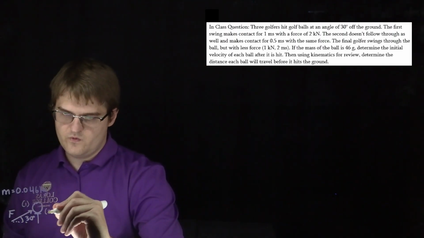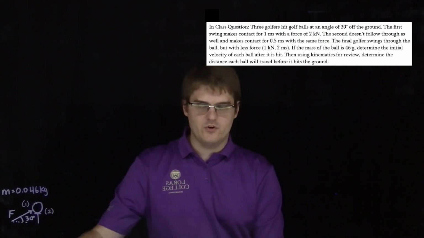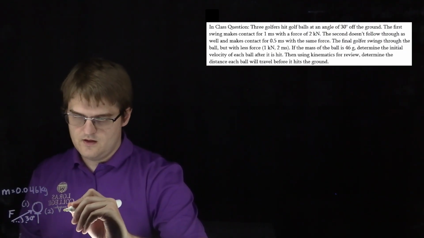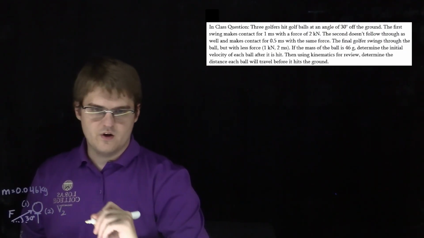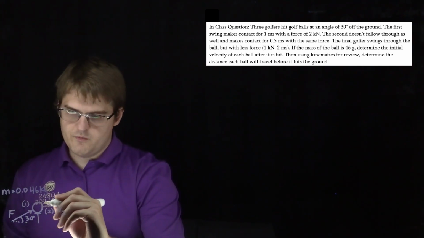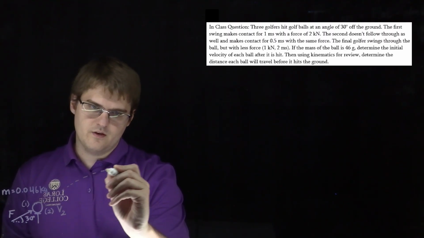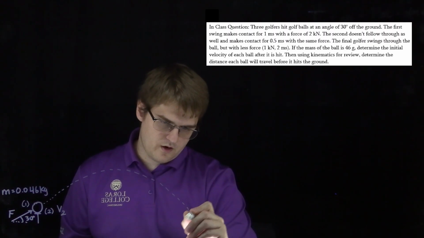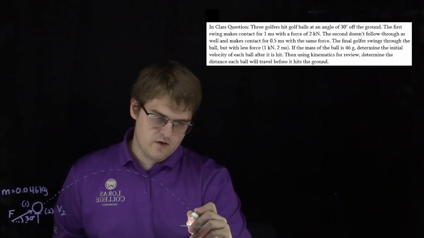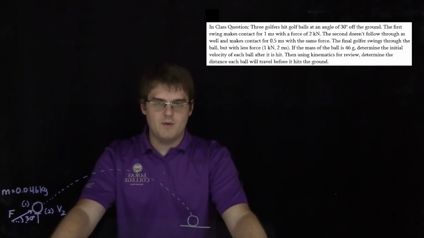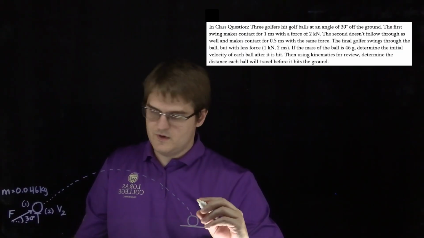Time 2 is right after the ball gets hit, and we want to find the velocity at time 2 for each of the golfers. Then the golf ball is going to fly in some big arc and land on the ground, and probably roll, but we're not worrying about that, at some time 3.